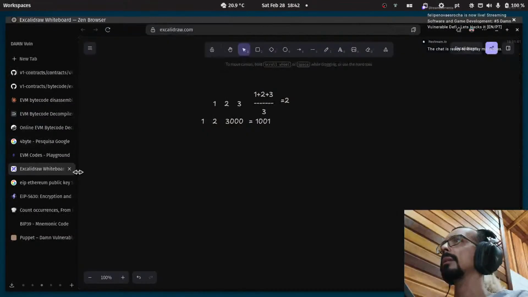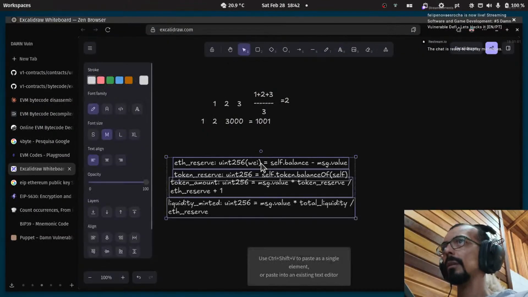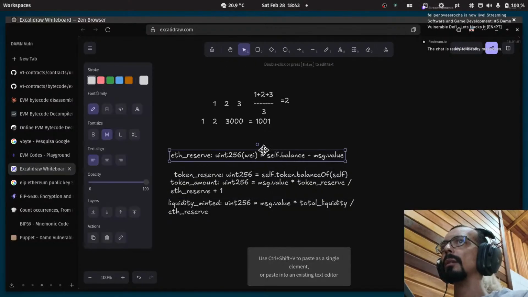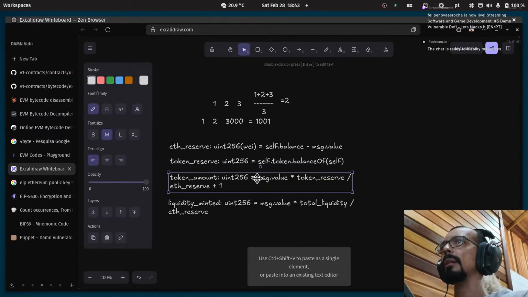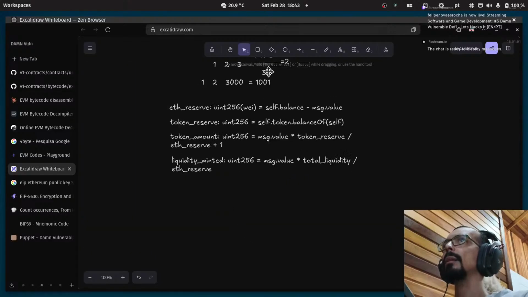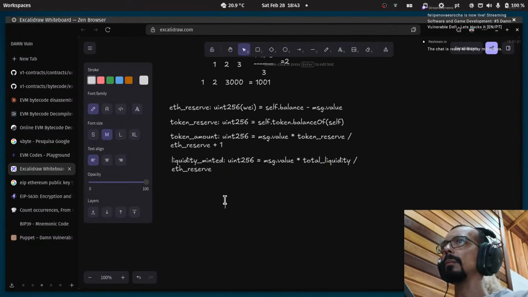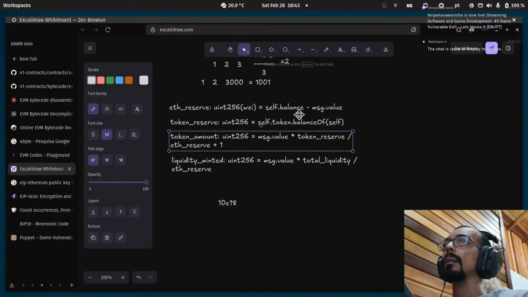So let's put that in this Scholar Draw to be able to reason about it, right? So I have 10 Ethereum reserve. That should be like that, right? And we have the message value, how much was added.